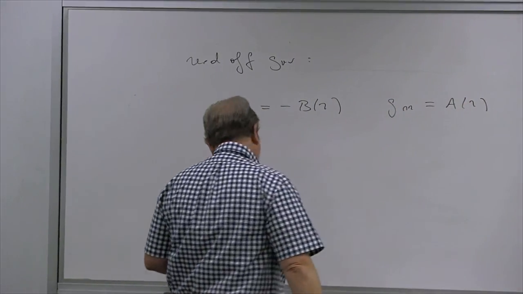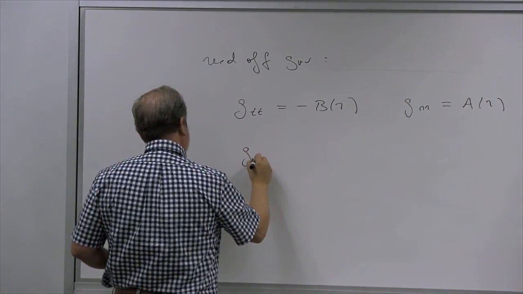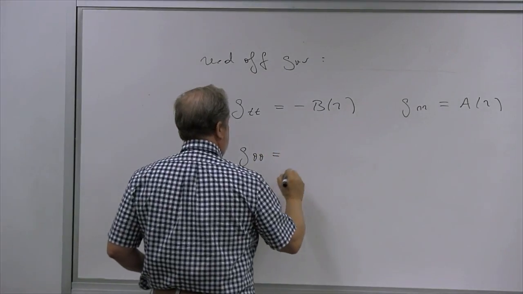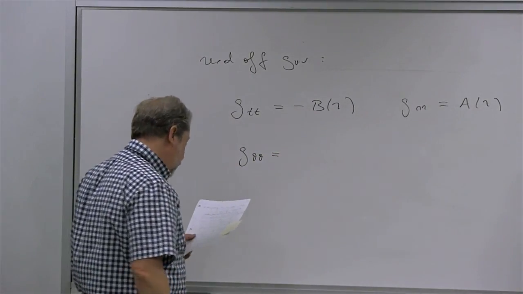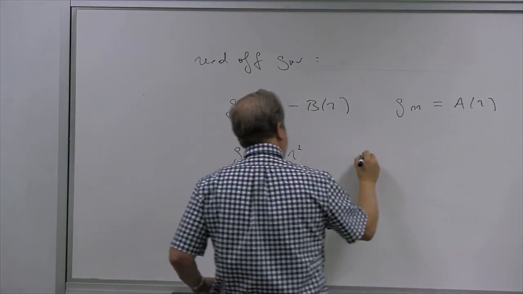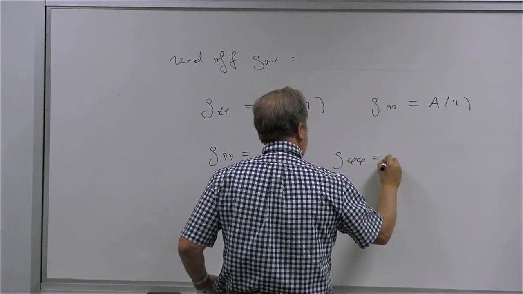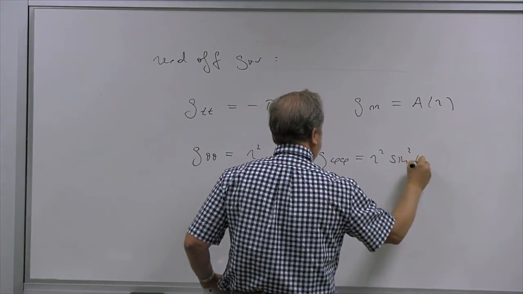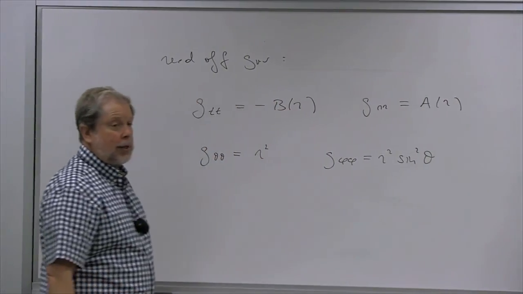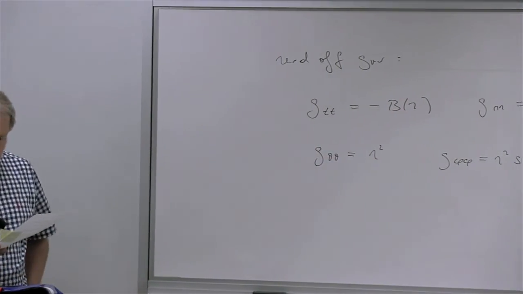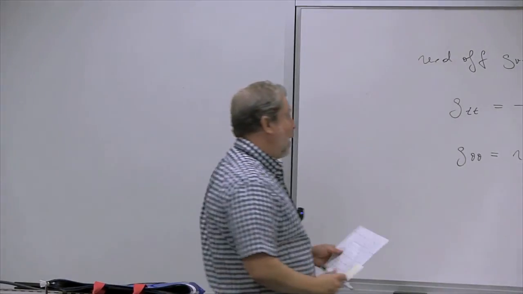And then we have the G theta theta, which is R squared, and the G phi phi, which is R squared sine squared theta. And that's all there is to it. And so that means the metric is diagonal.